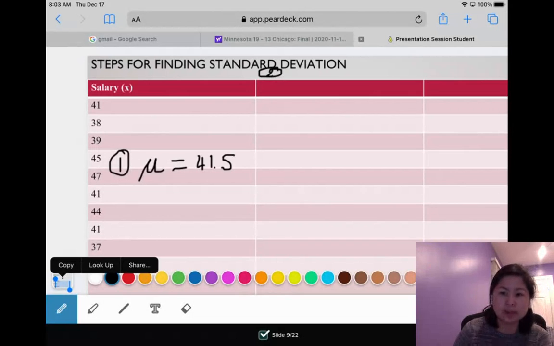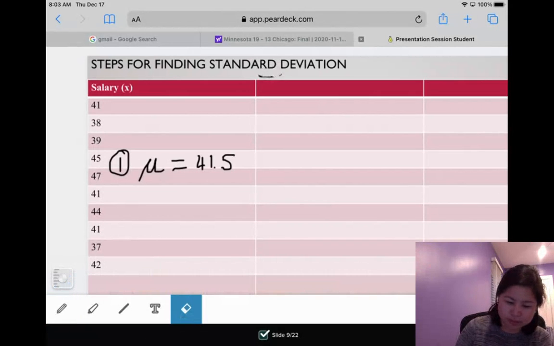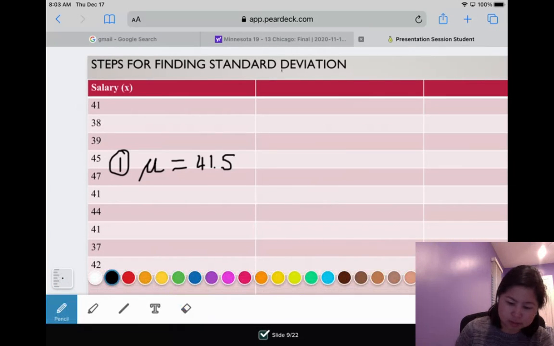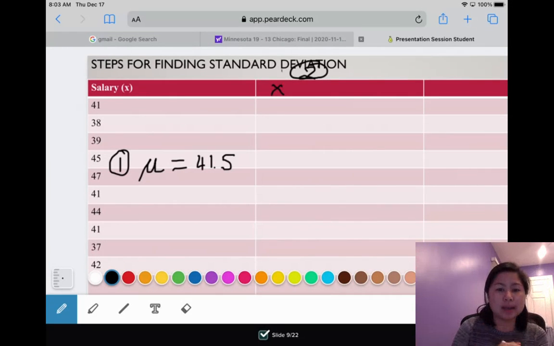I label it 2. Step number 2 is we're going to find the deviation. How we find the deviation is that we take the x values, which is the salary that's given to us, minus the mean. So we're going to do step number 2 right now.